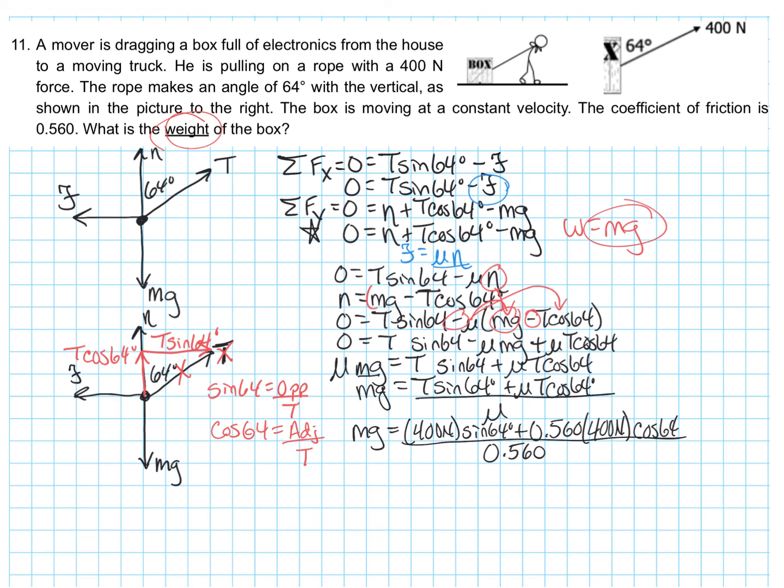After doing the math, I can see that mg is equal to 817 newtons. Since the weight equals 817 newtons, I know that's the answer to the question. The weight is equal to 817 newtons.